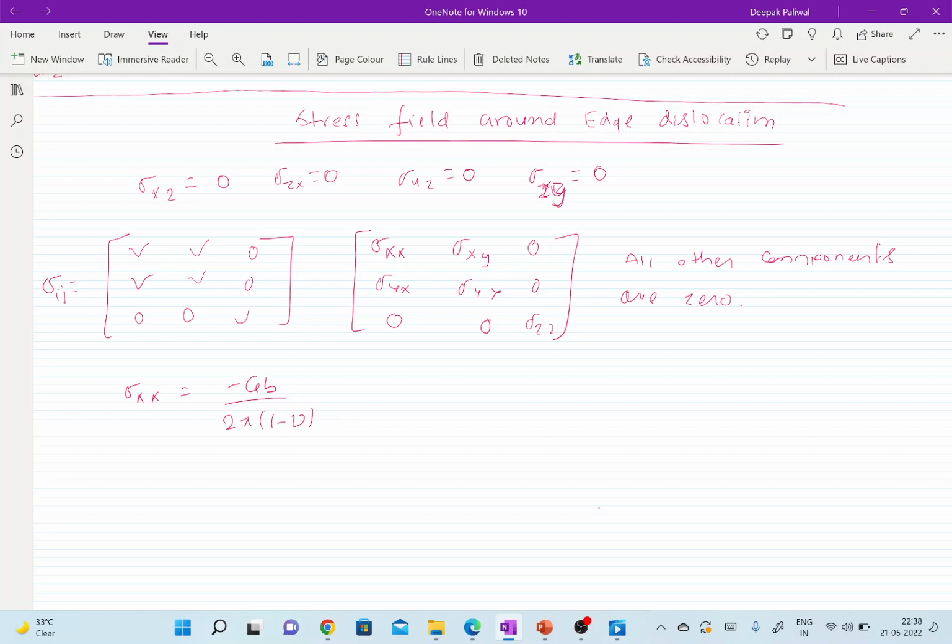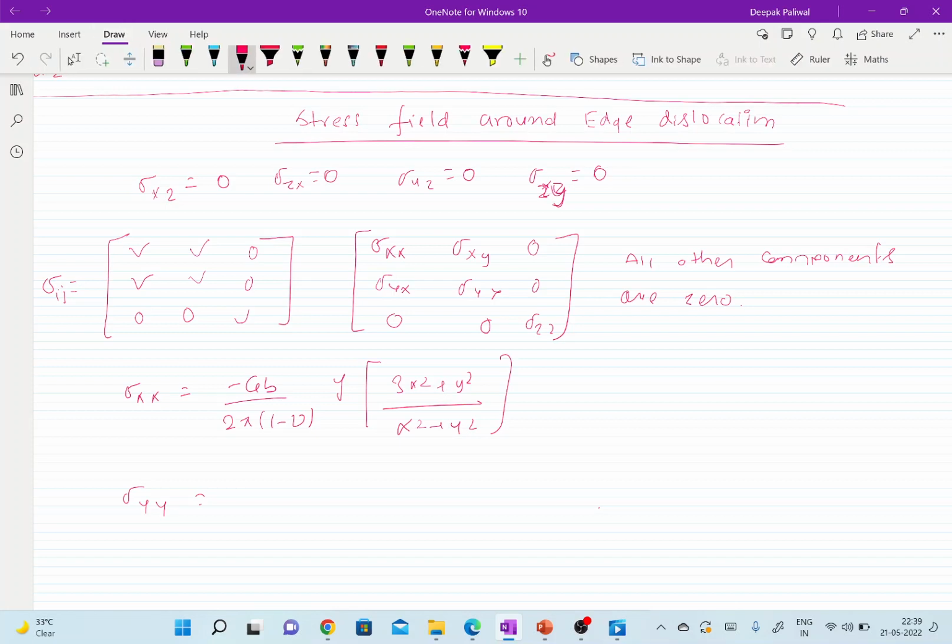Now the sigma xx value is equal to minus Gb divided by 2 pi times (1 minus nu), where nu is the Poisson's ratio and G is the shear modulus, times y(3x square plus y square) divided by (x square plus y square) whole square. x and y represent the position around the dislocation, which we have already seen in the case of the screw dislocation. Here the negative sign shows compressive stress and the positive sign shows tensile stress.